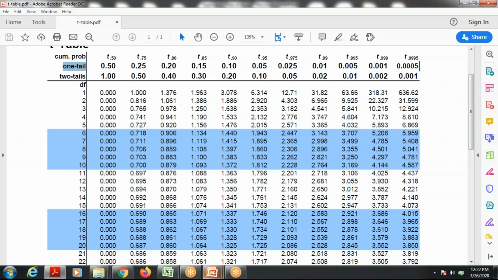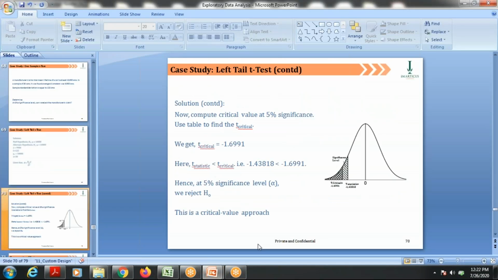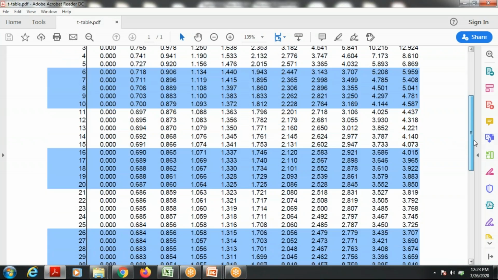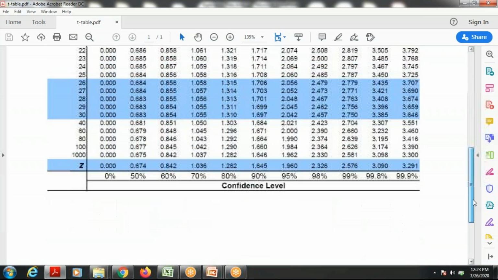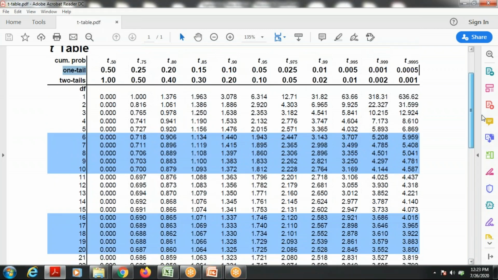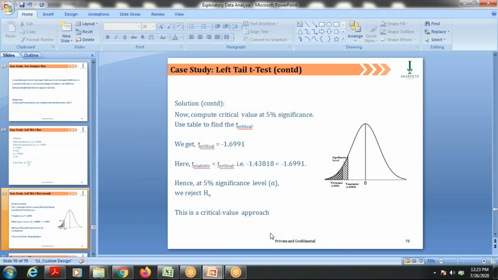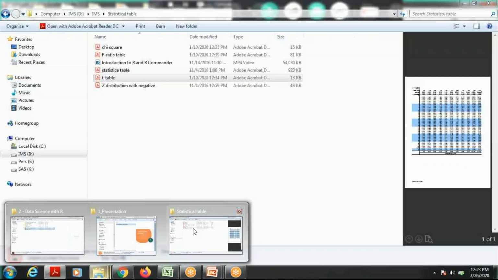At 95%? 5%. 95%? 95%. So look here, the value which is coming as critical here is saying minus 1.43.